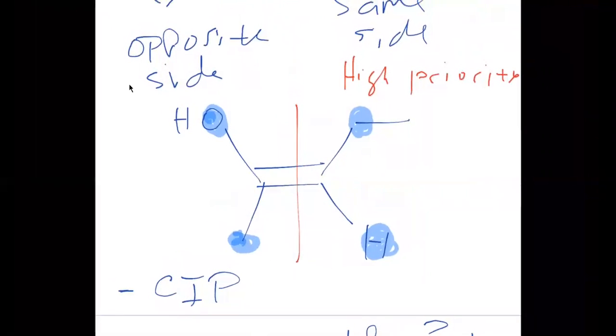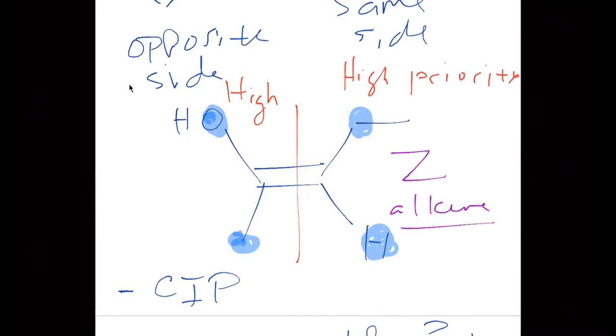All right. So on this side, this is high priority, right? And so now after you assign priority, you look at whether the two high priority groups are on the same side of each other or opposite. And in this example, they're on the same side. So this would be considered a Z alkene, right? Because Z means same side.